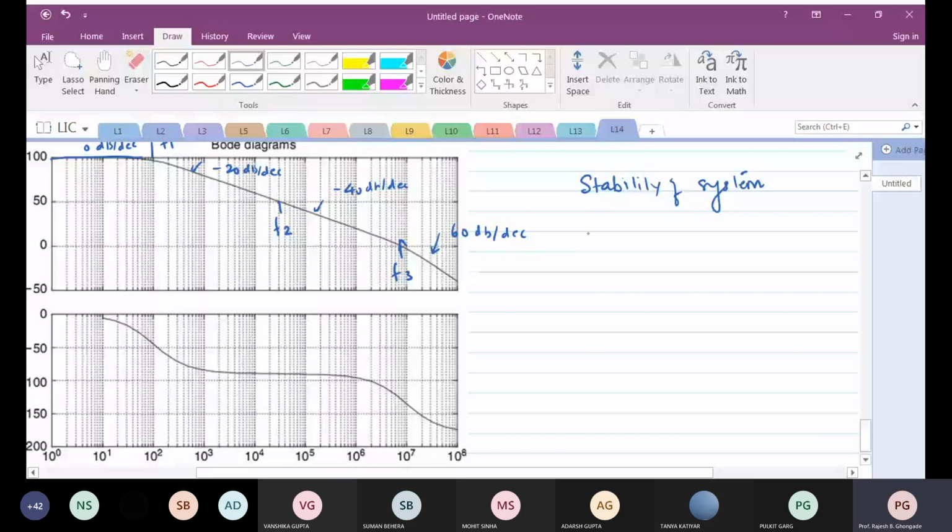When do we have unstable operation? There is something called the Barkhausen criteria. What is this Barkhausen criteria? Do you know that? Guys? No, sir.